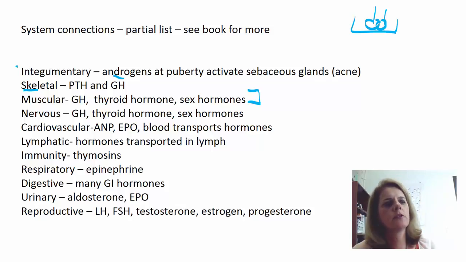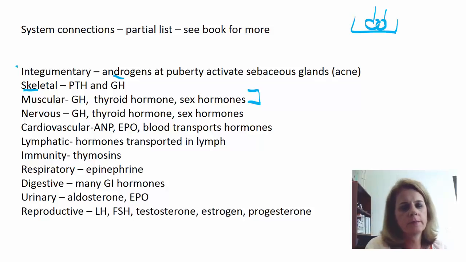Well, they allow for movement of blood, so you have smooth muscle inside arteries and veins, and cardiac muscle, and both are needed to move blood. And where are hormones located? In the blood. So see, you can make these things tie together.